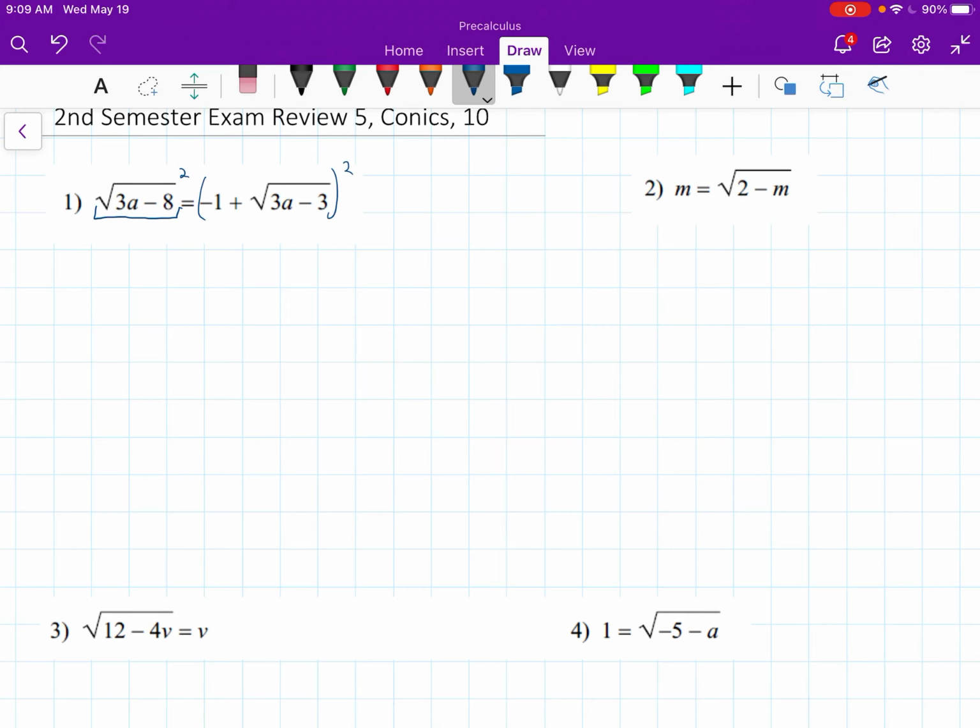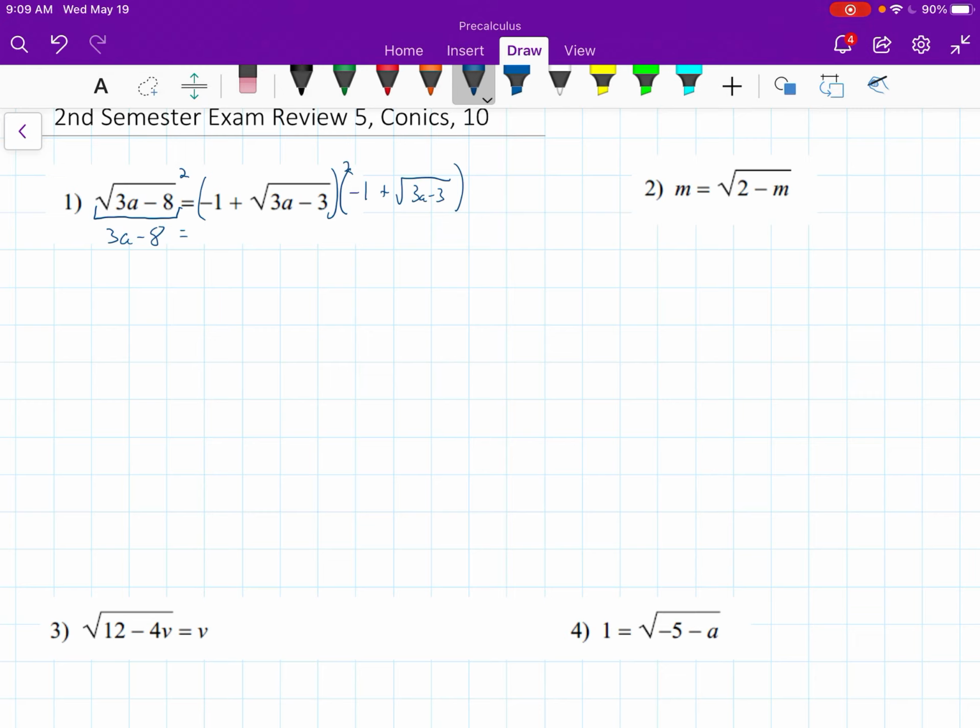When you square both sides, the left side is 3a minus 8. On the right side, we actually need to multiply this thing out. Since it's squared, it's multiplied by itself, and we can multiply that out.